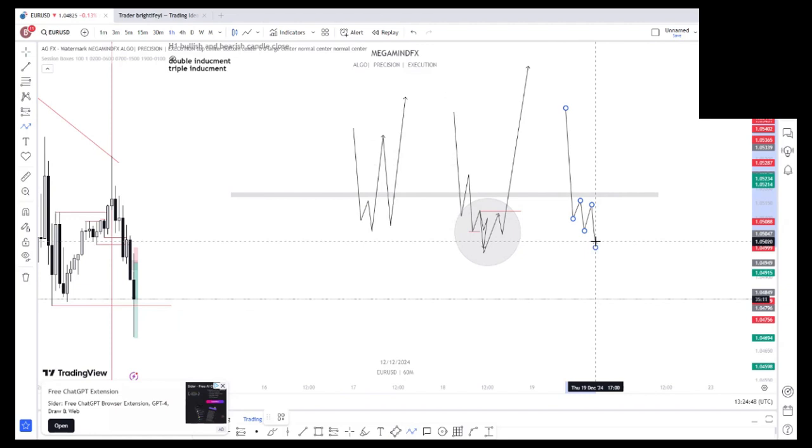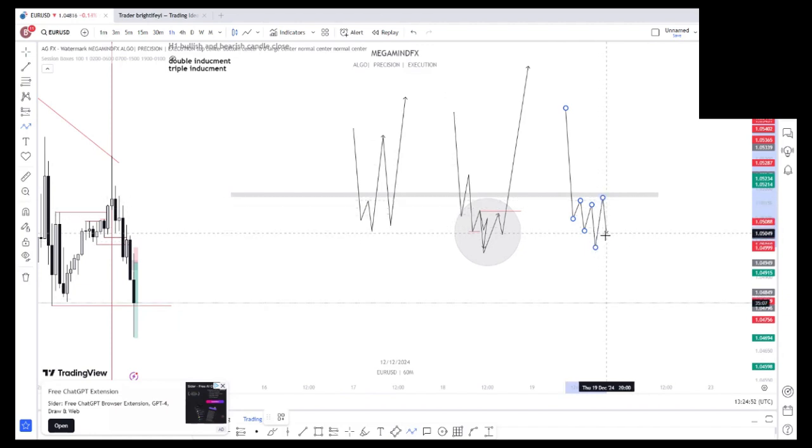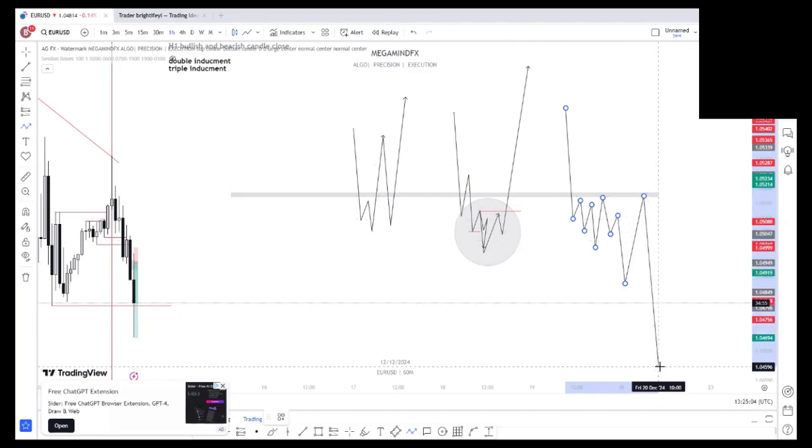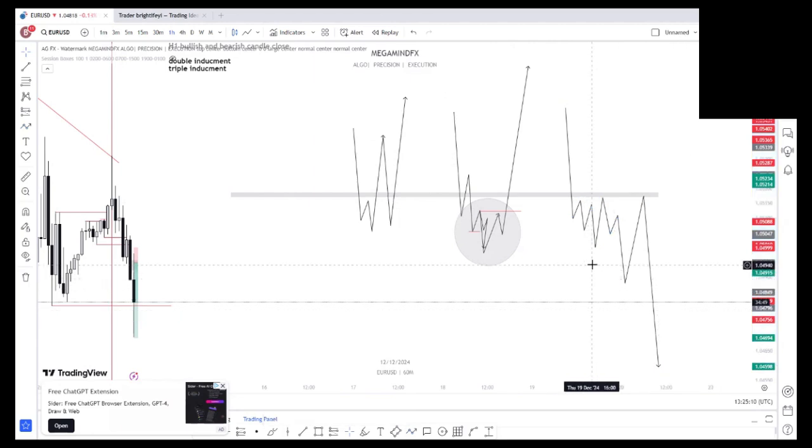Then we have price break back into this range. I'm supposed to buy from here, correct? Remember this? I'm supposed to buy from here. And then I have this. The moment I have this, I'm taking this with inducement and mitigate. Exactly, like a flip.